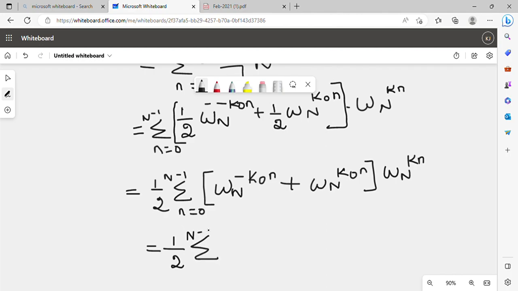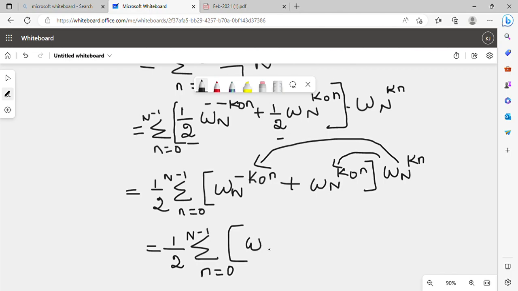Why I am doing these steps is because you have to understand; in the textbook they will give you directly. First, I just took this 1 by 2 and removed it outside because it was common. Now I have to multiply this omega N to the power kn to this term as well as this term. There are a few more steps that lead to that direct step, but please work it out, or else you won't know how you got it.